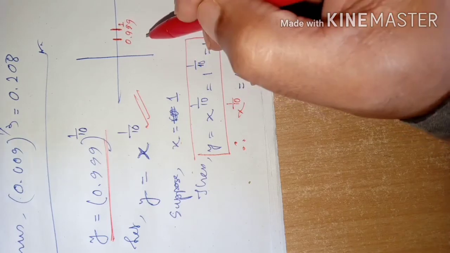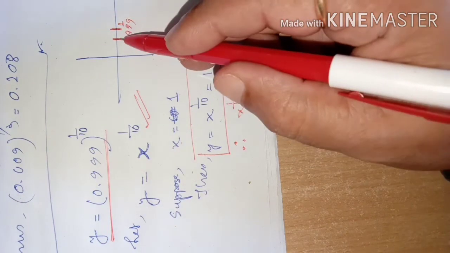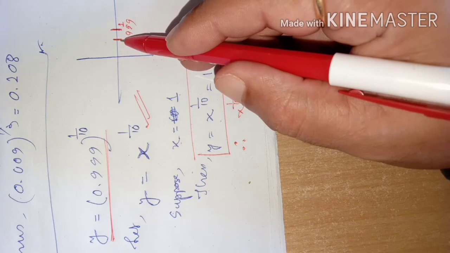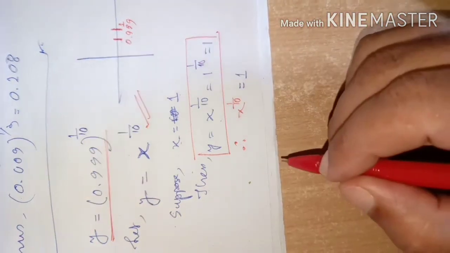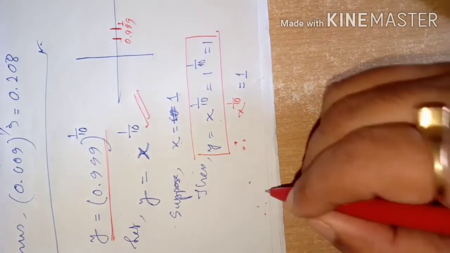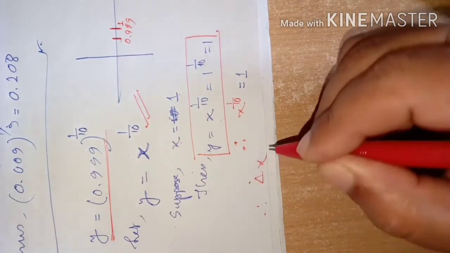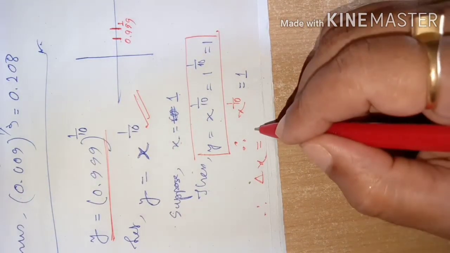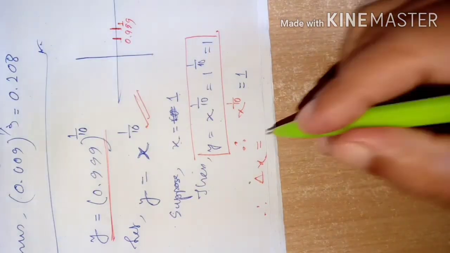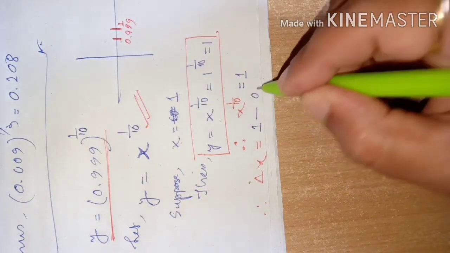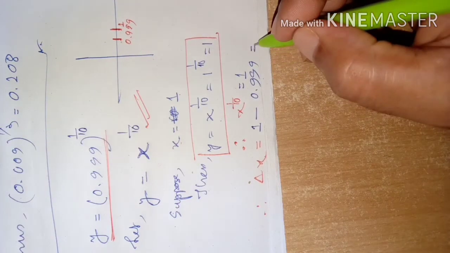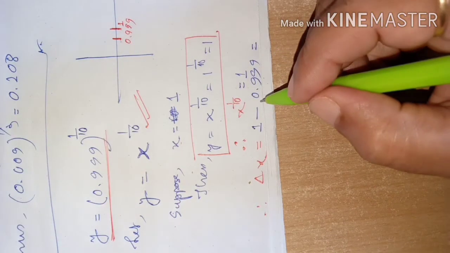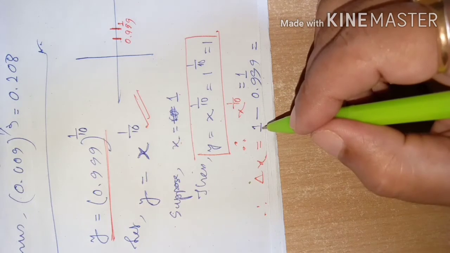Delta x will be this number minus this number, so 1 minus 0.999. Therefore delta x is equal to 1 minus 0.999. If we subtract this number from here, what will be obtained?